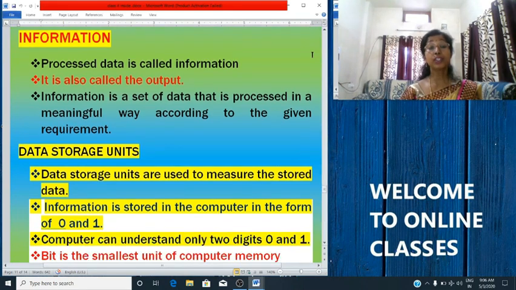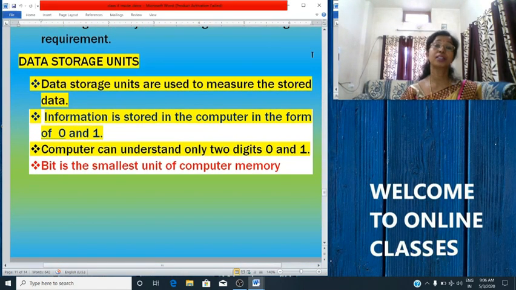Now, data storage units. Data storage units are used to measure the stored data. Information is stored in the computer in the form of binary numbers, that is 0 and 1. Computer can understand only two digits, 0 and 1. Bit is the smallest unit of computer memory.